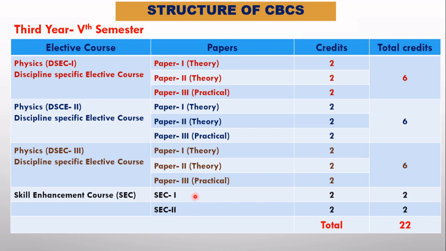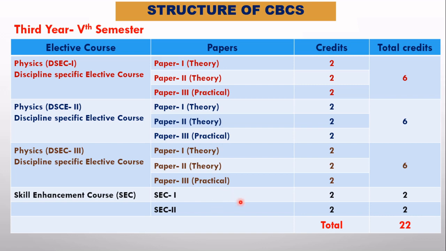For example, in botany, we can select food preservation, then mushroom cultivation. For chemistry, you can select green chemistry, environmental chemistry. All these subjects, that is skill enhancement courses, we can include in our course. So for physics, we can select electronics as the skill enhancement course.